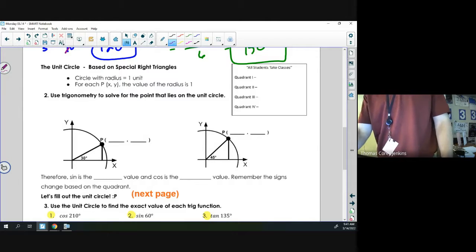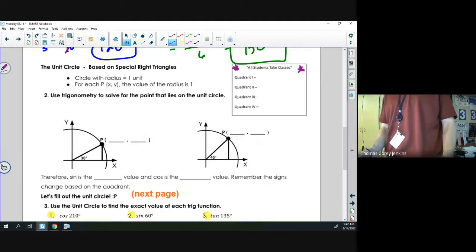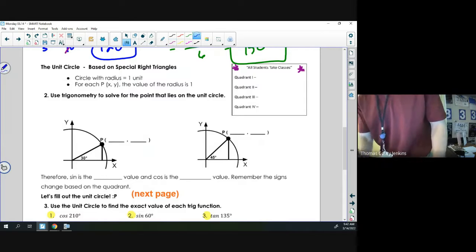I honestly don't use this too much, because if we're using the unit circle, all this stuff takes care of itself. But there's this saying, all students take classes, or all students take calculus, I've heard before, that kind of gives you where each ratio is positive as far as their quadrants. So here's how you use this.